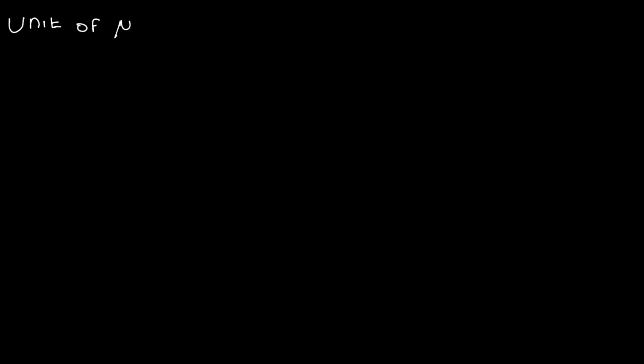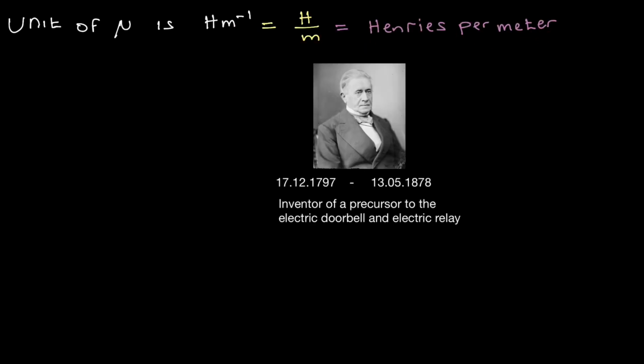The unit of mu is Henrys per meter. Henry was an inventor, a precursor of the electric doorbell and electric relay. H is equal to kilograms meter squared over second squared amp squared, which is Newton meter over amps squared.